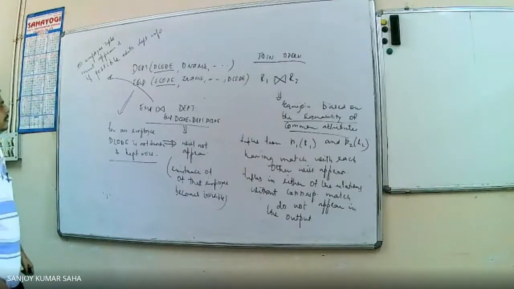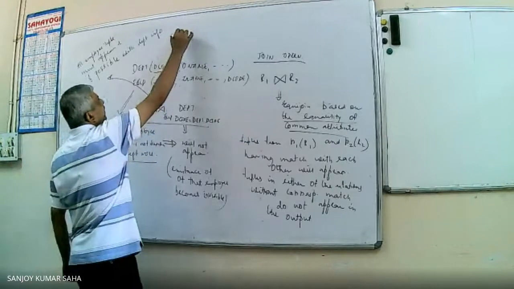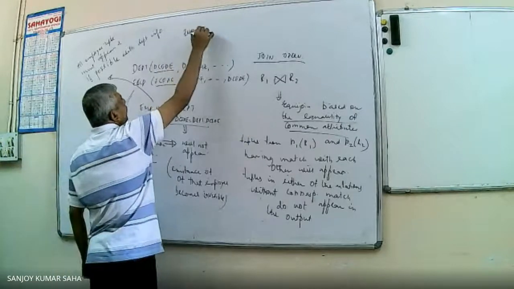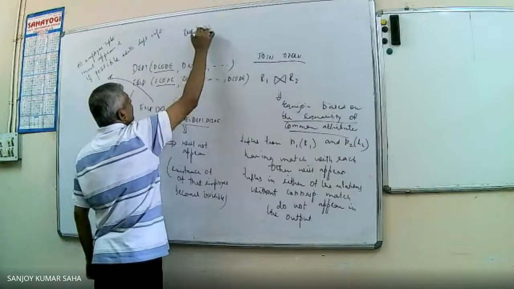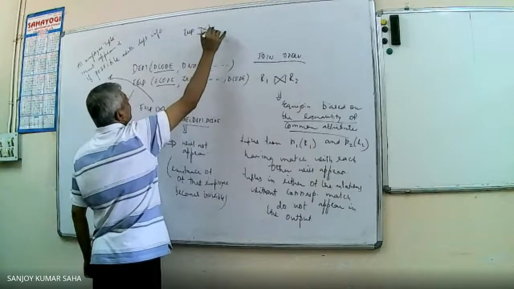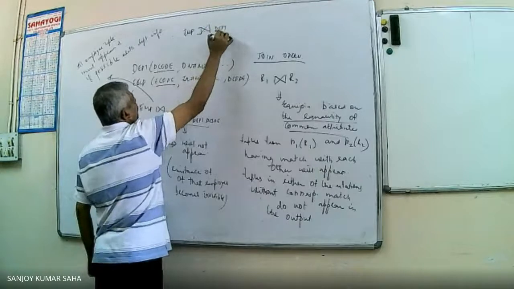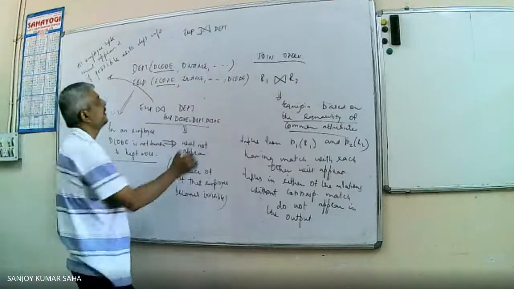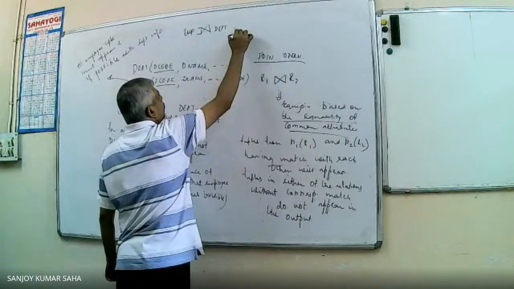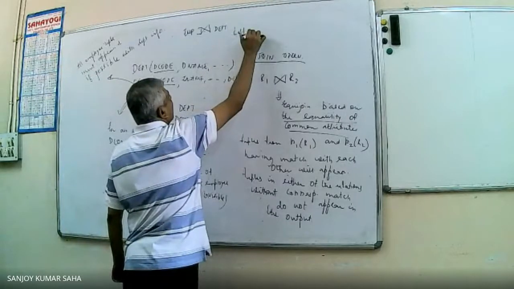For this, we specify it like this. So we put some horizontal line. Basically, this is known as left outer join.